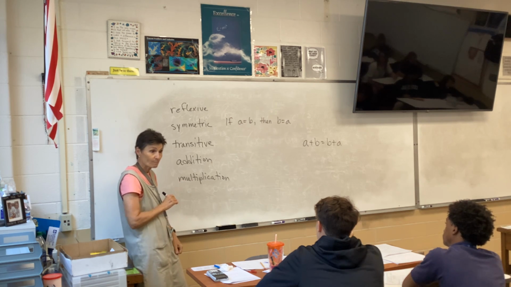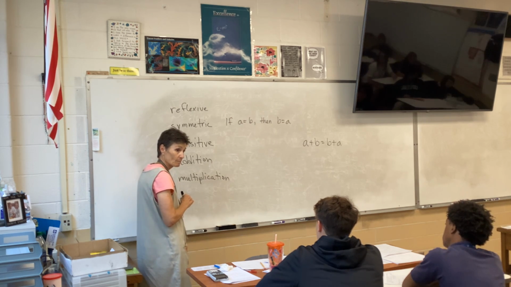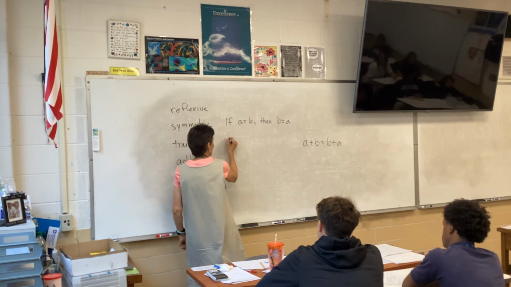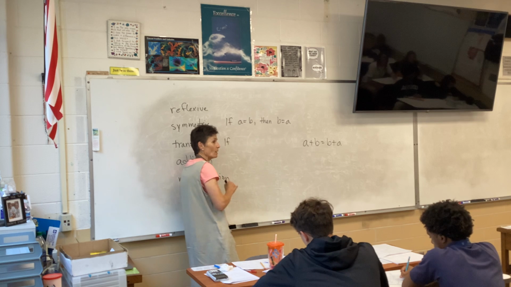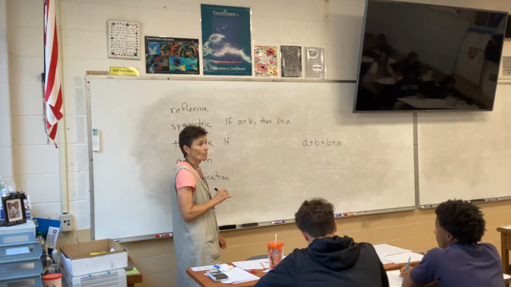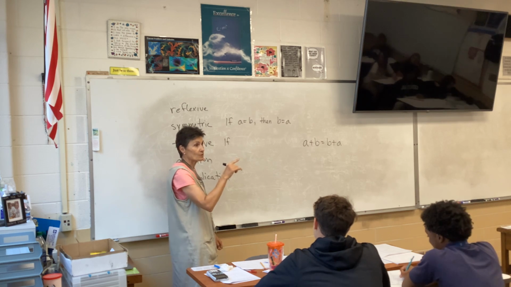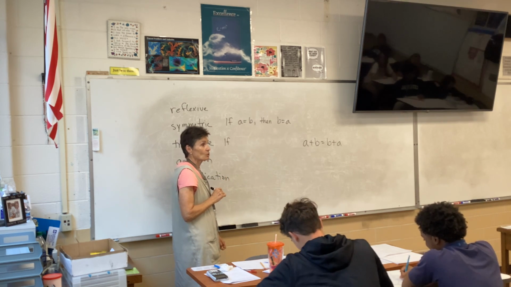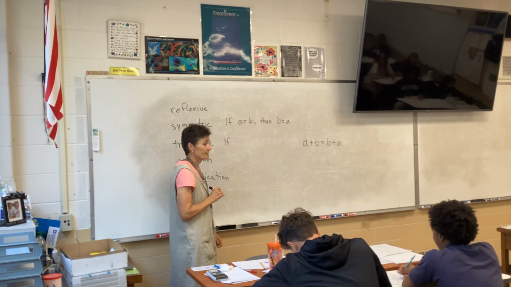Peter? Is transitive like A equals B, B equals C, which means A equals C? Okay, so it's another if-then statement. What, by the way, do we call an if-then statement? Well, we do them in proofs. You studied them in geometry. It's called a conditional.